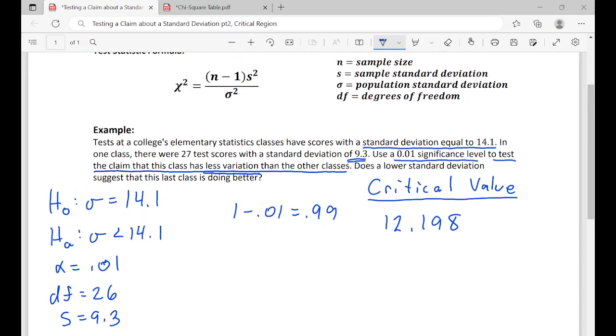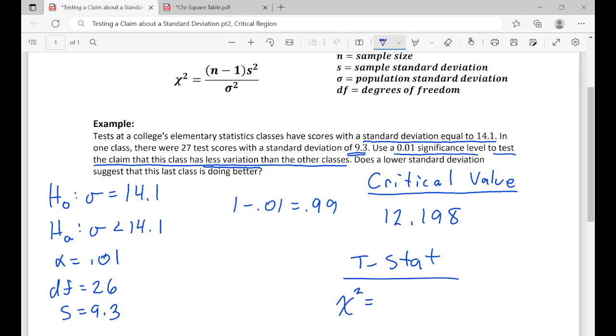And now we need to find our test statistic. So we use our formula up here. So our test stat is going to come from chi-squared equals n minus 1, which is our degrees of freedom.